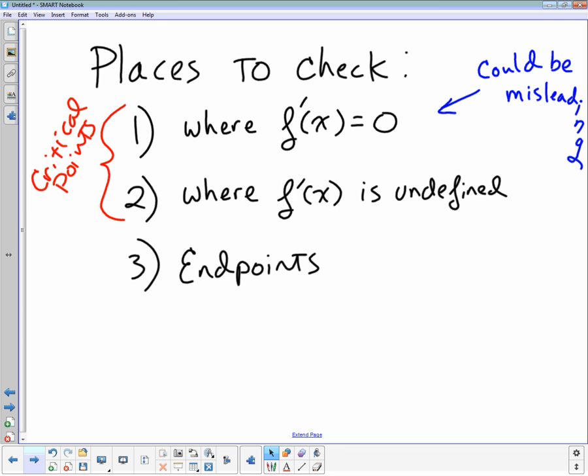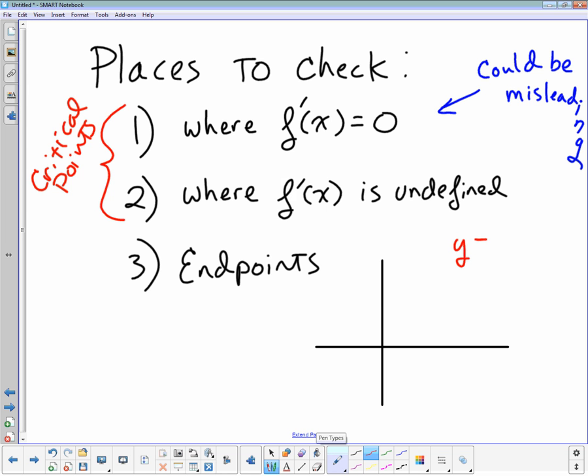And here's an example of why that would be misleading. Take the function y equals x cubed, at the point 0, 0.